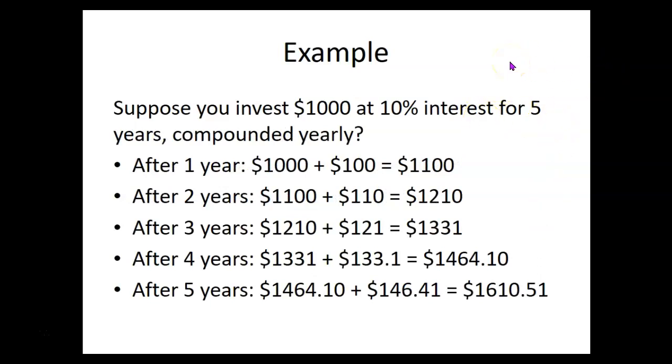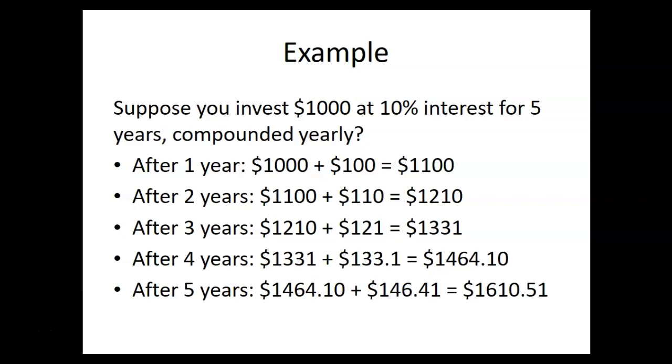But with compound interest, you get to earn interest on not just the amount you started with, but also on the interest that you've already earned. So suppose you invest $1,000 at 10% interest for 5 years, compounded yearly. That means that after 1 year, you have $1,000 plus 10% of that, which would be $100, which means that at the end of that 1 year, you have $1,100.